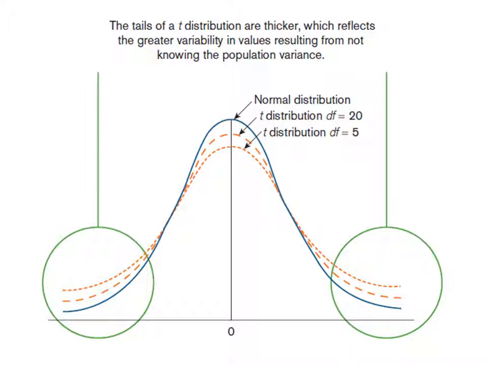That's when the degrees of freedom is equal to positive infinity. For practical purposes, the t-distribution approaches the standard normal distribution really quickly. When the degrees of freedom is 30, the two are almost identical.